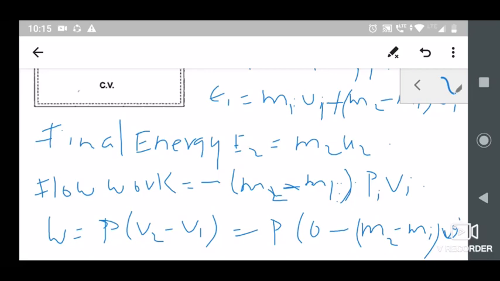By this you have got the relation for the flow work. Okay, so now we have the initial energy and final energy as well as the flow work.